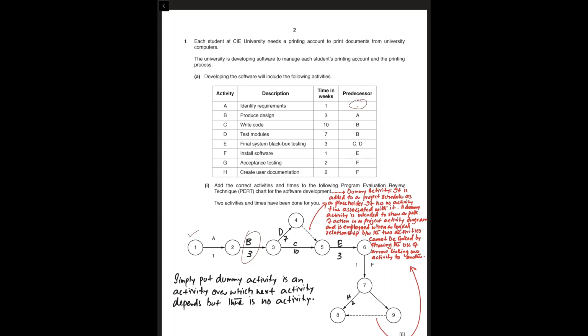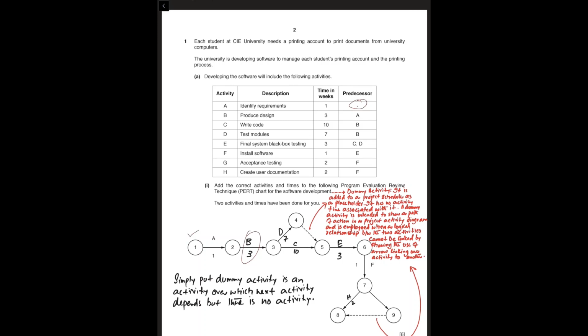And then we have got E. E is having C and D as their predecessor. So we have to actually have this dummy activity here, so that we could link D and C together at node 5 so that we could start activity E.